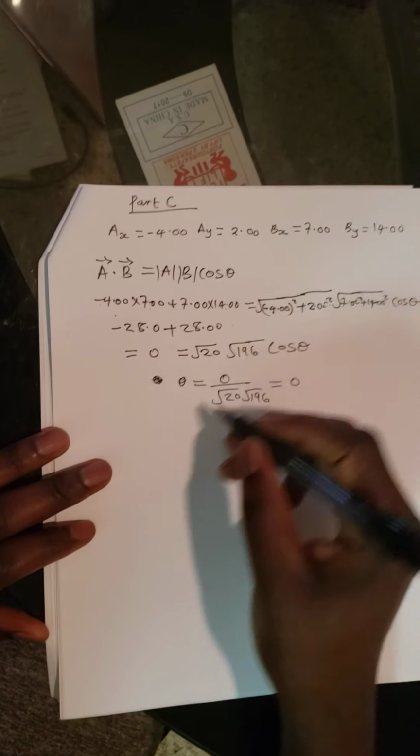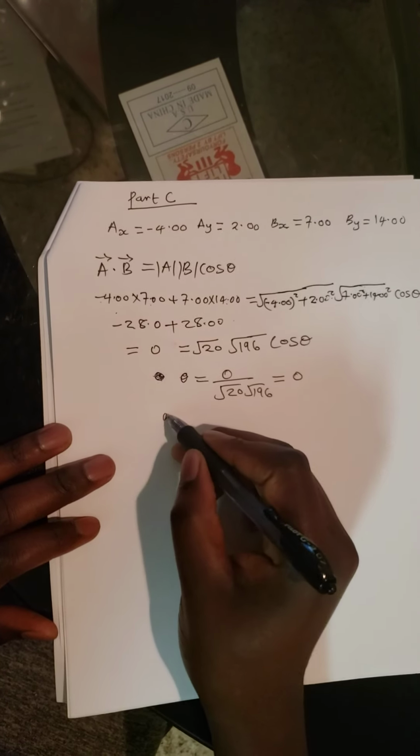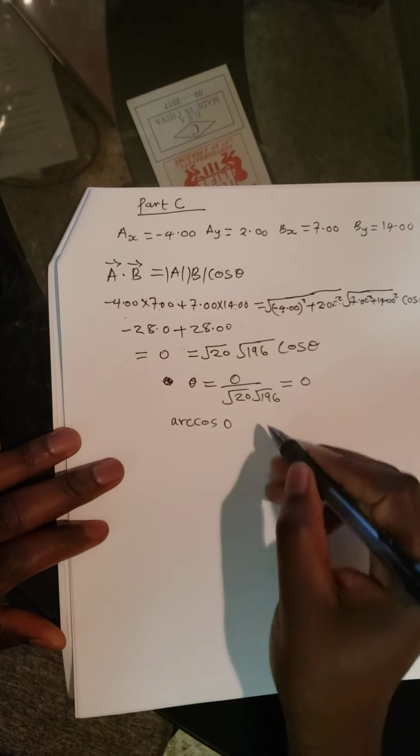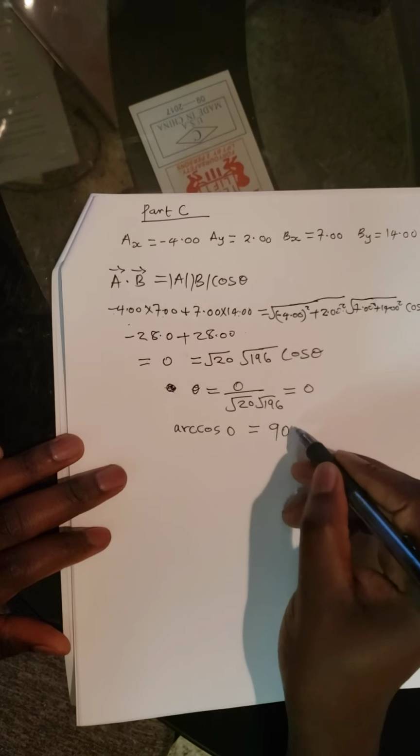So the cos inverse of 0 is equal to 90 degrees.